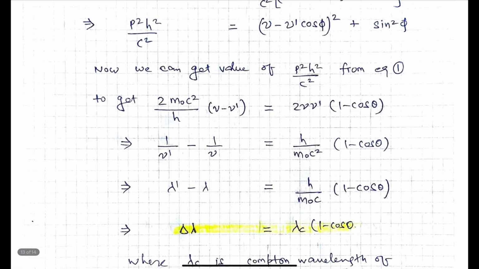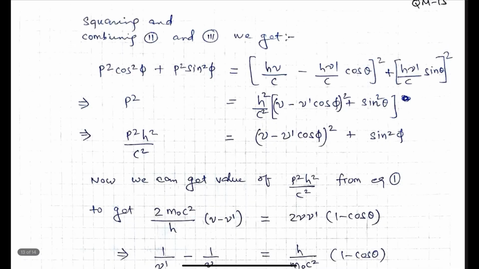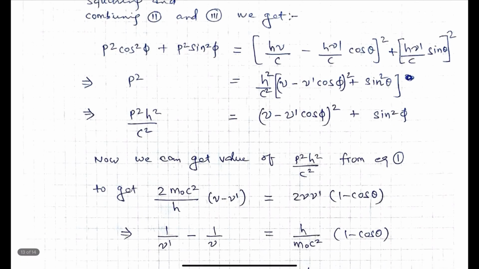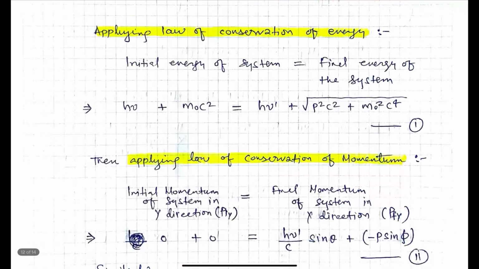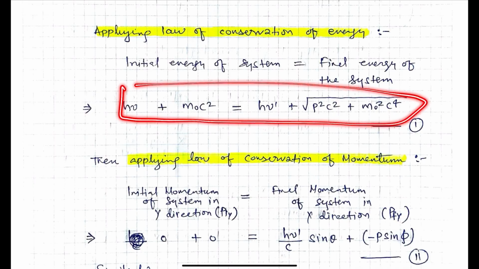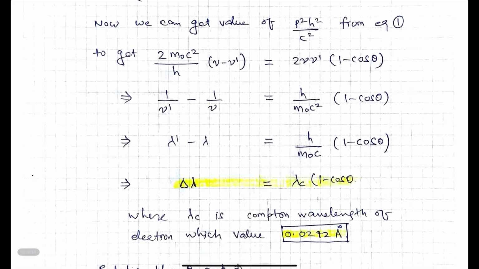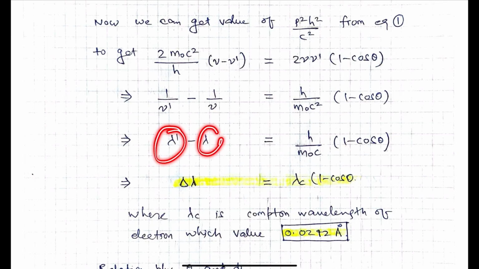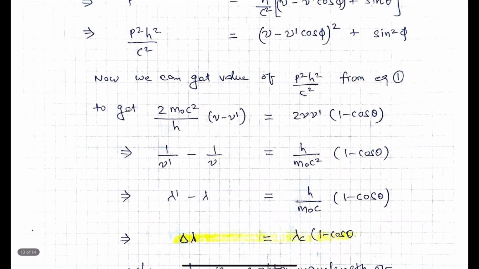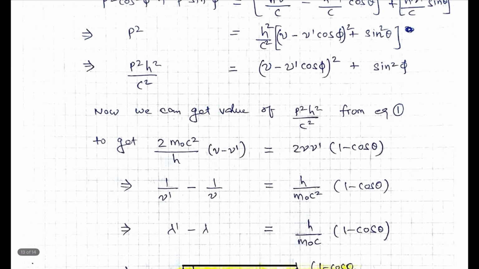Now we are going to solve the formulation given by this particular energy equation as well, and combine them. When we combine them, we will finally find that lambda prime minus lambda is equal to h upon m naught c multiplied by 1 minus cos theta. Okay, so we have this p square h square upon c square, so we will go to equation 1.